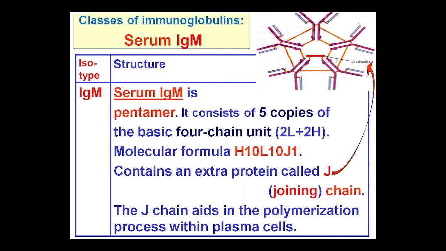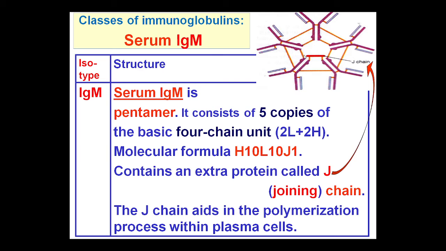This pentamer is stabilized by the J chain. This is the joining chain that reacts to the Fc fragments of all 5 molecules of the IgM.